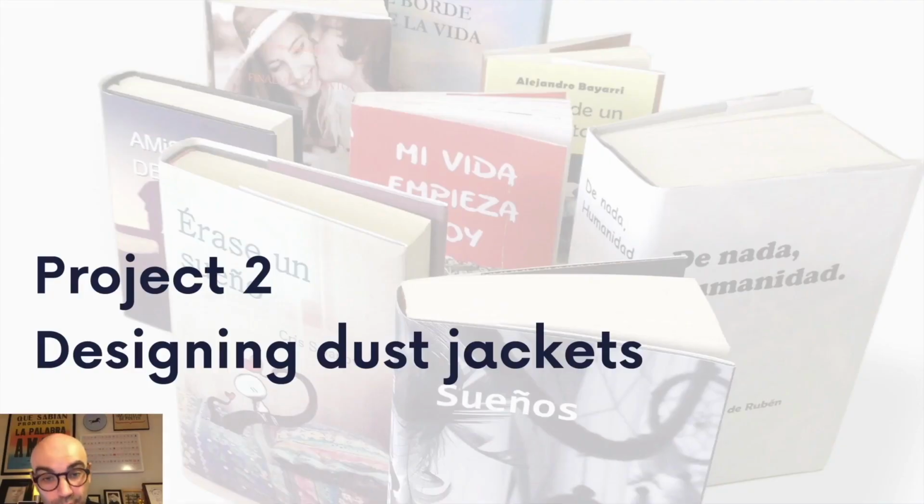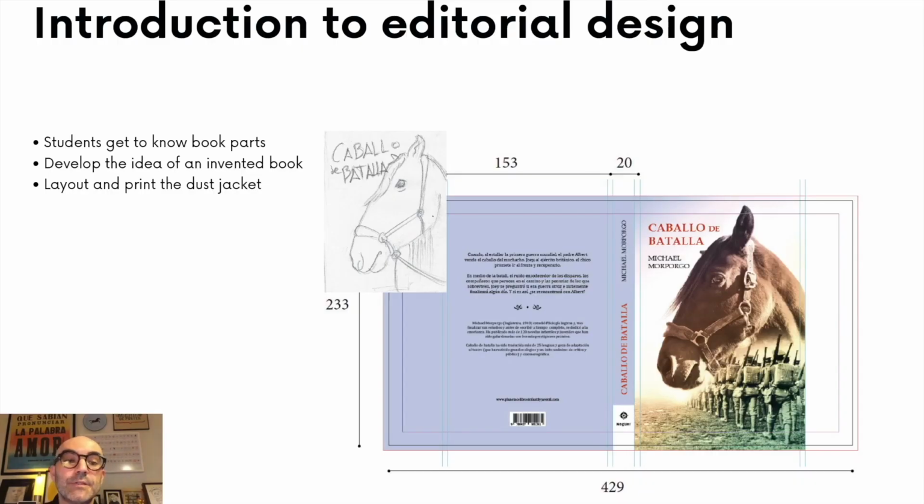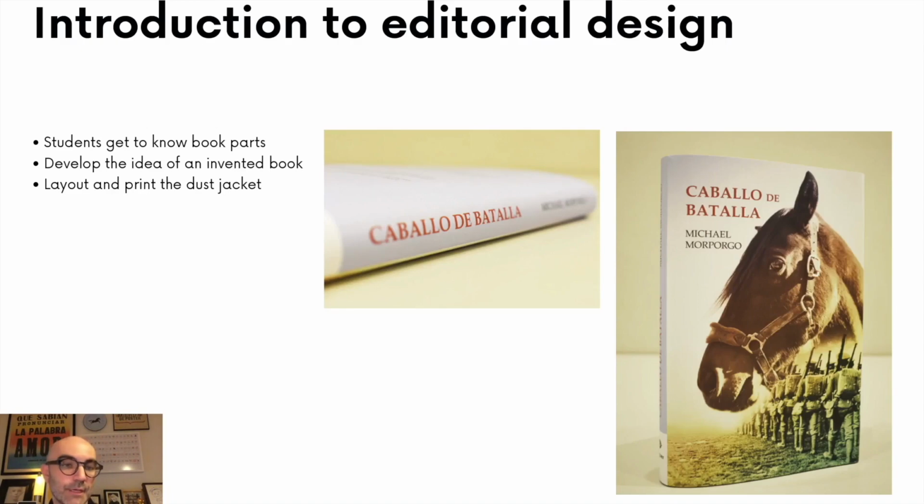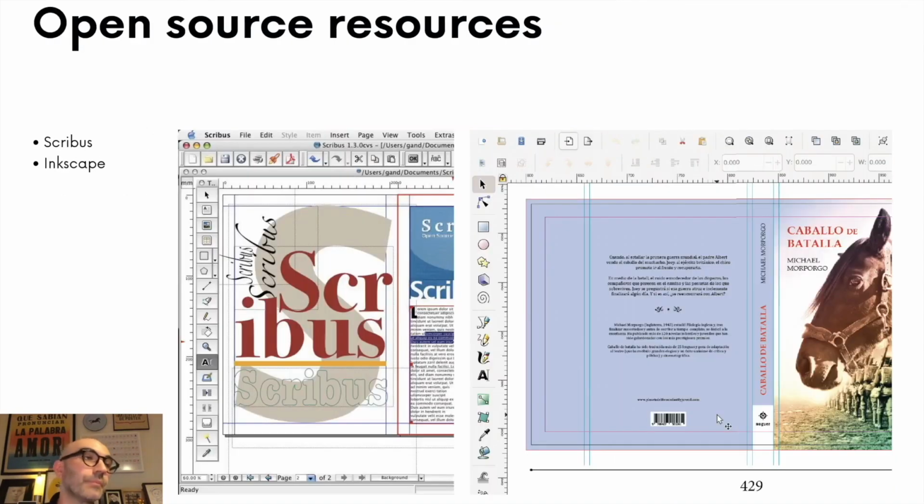So another project, designing a dust jacket. It's easy to guess. In here, students get to know book parts and then develop the idea of an invented book, and then lay out and print the dust jacket. In here, as I told you before with the other project, we try to use open source resources. So we work with Scribus, which is the InDesign alternative in the open source world.